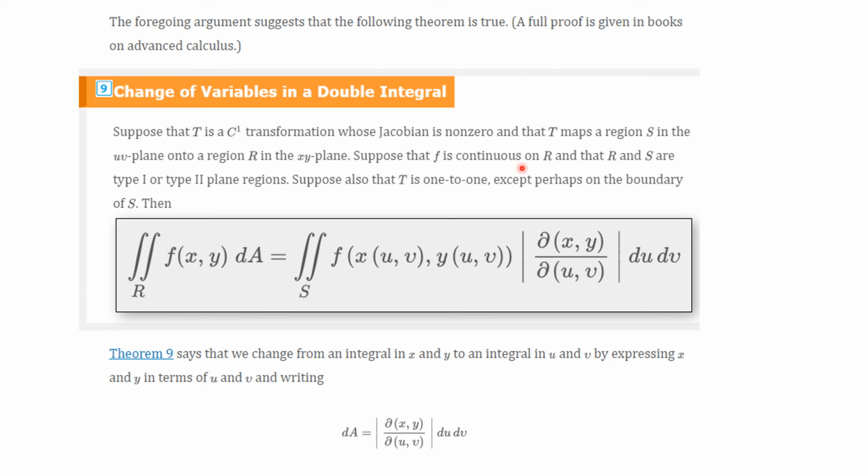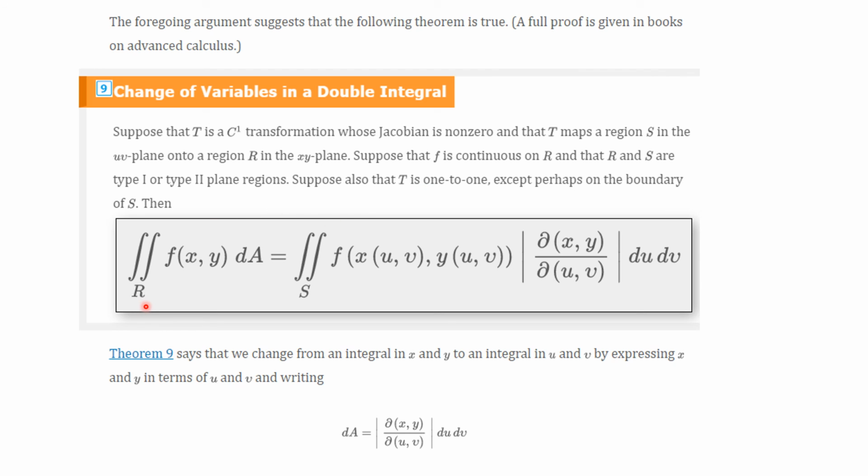Suppose that f is continuous on R, that is lowercase f is continuous on R, and R and S are type 1 or type 2 plane regions. Suppose also that T is 1-to-1, except perhaps on the boundary.